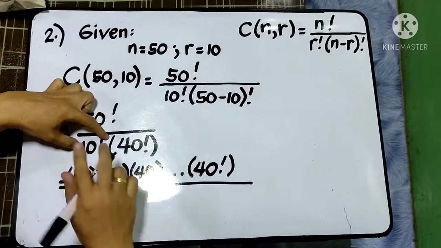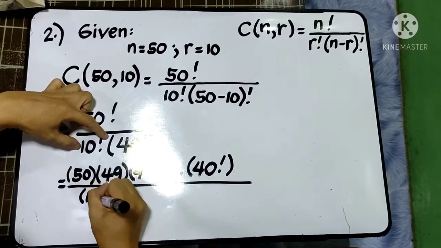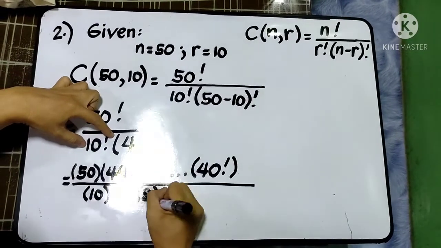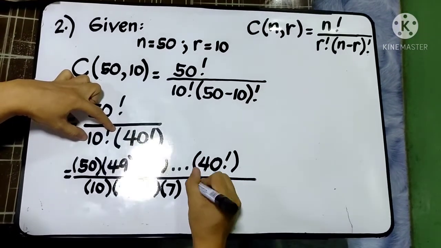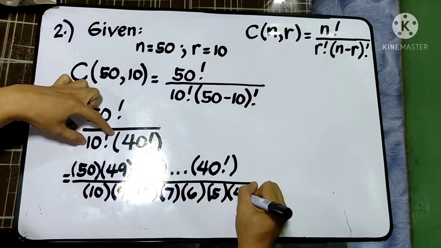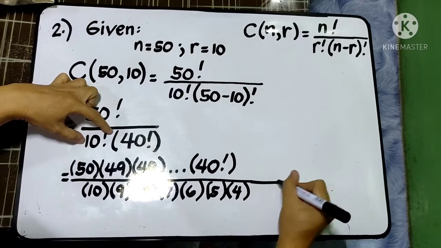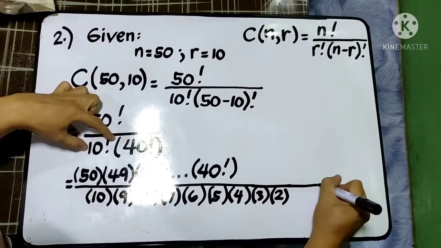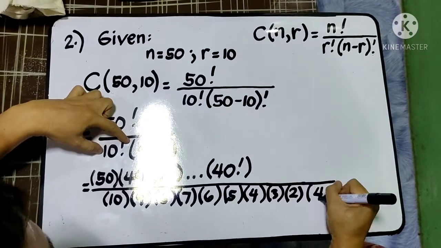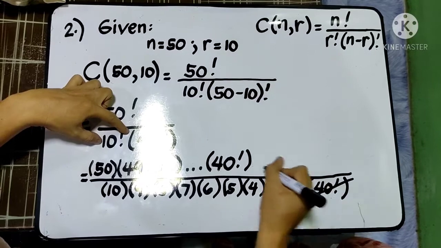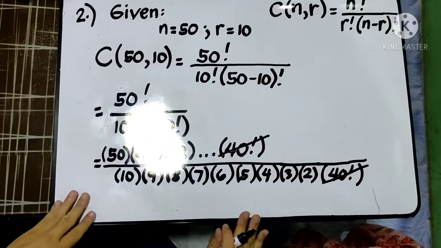So, ito na lang expand mo, magiging 10 times 9 times 8 times 7 times 6 times 5 times 4 times 3 times 2. Then copy 40 factorial. Cancel yung 40 factorial. Cancel yan.